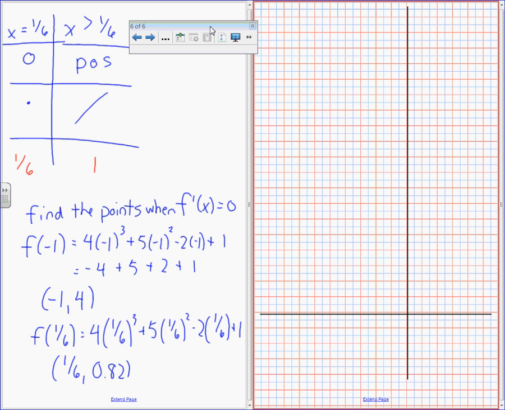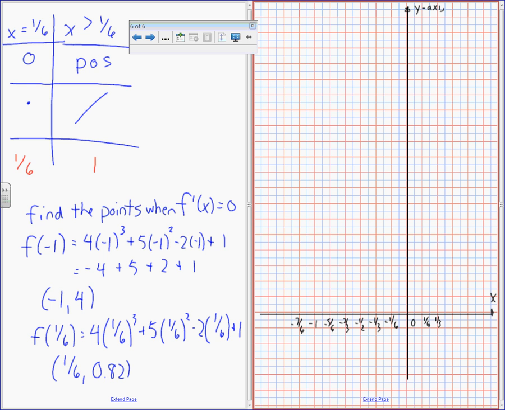All right, so what we're going to do is here's going to be the y-axis. There's x, there's 0, 1, 2, 3, 4, 5, 6. So it's going to be 1/6 there, 1/3, and so on. So this is negative 1/6, negative 1/3, negative 1/2, negative 2/3, negative 5/6, negative 1.